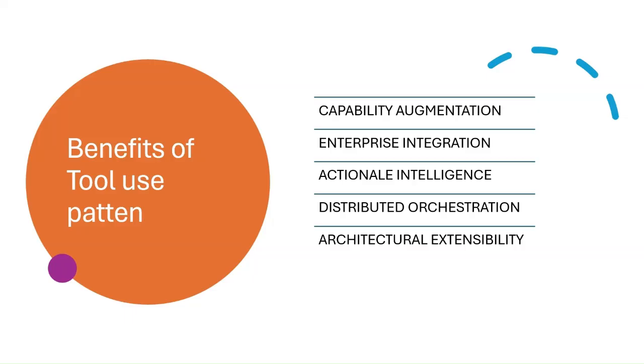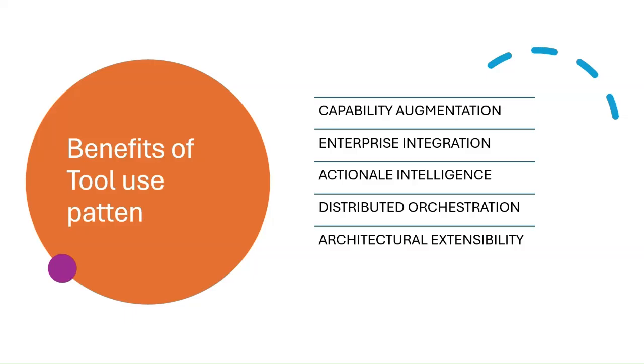Business requirements evolve continuously, and AI solutions must adapt without significant rework. The tool use pattern provides a modular architecture where new tools, services, and capabilities can be added incrementally. This enables organizations to scale an agent's functionality over time without retraining or redesigning the core model.